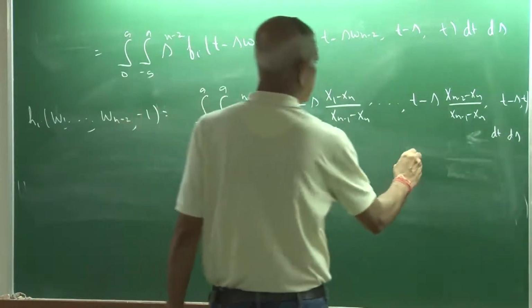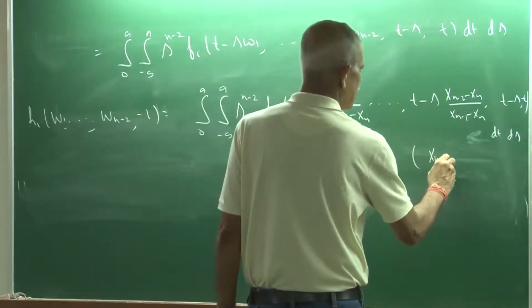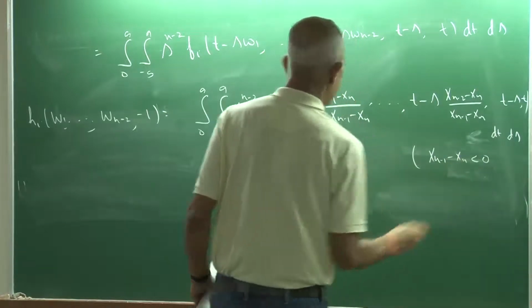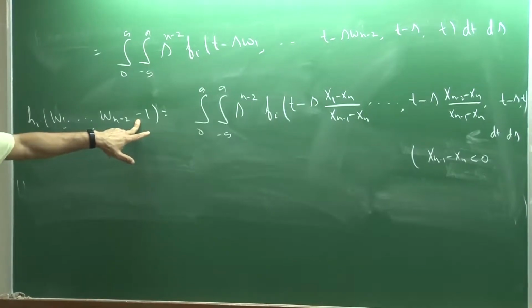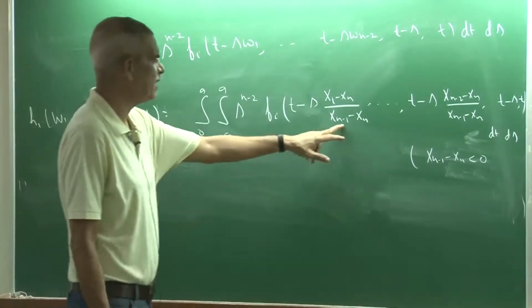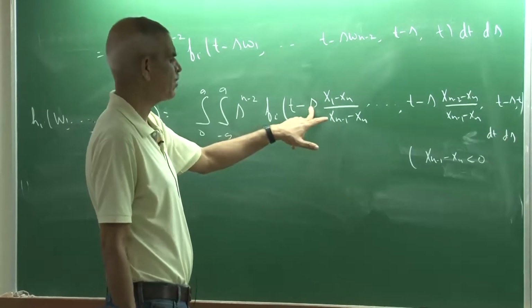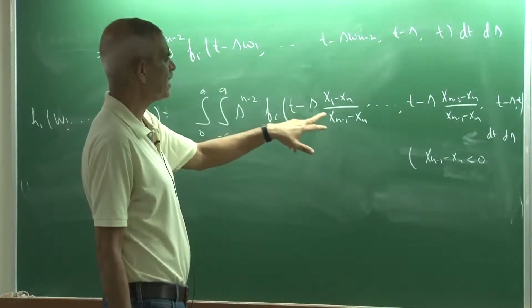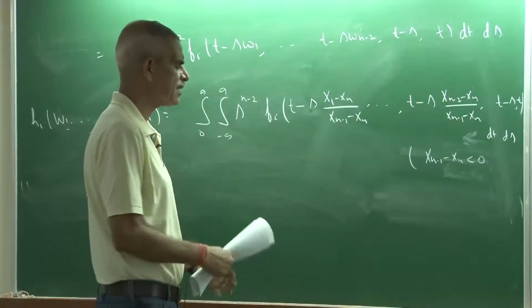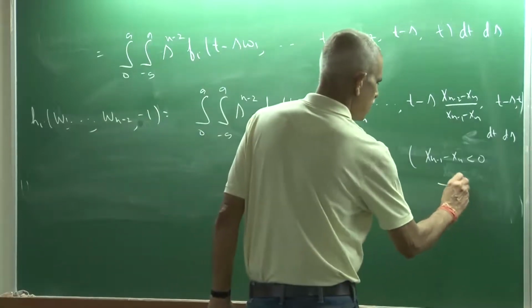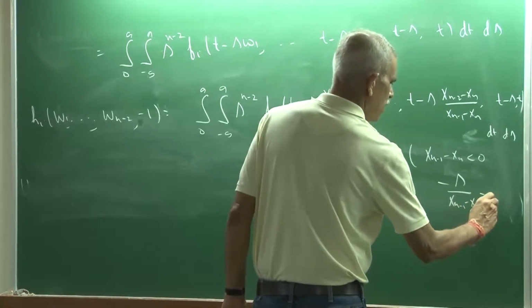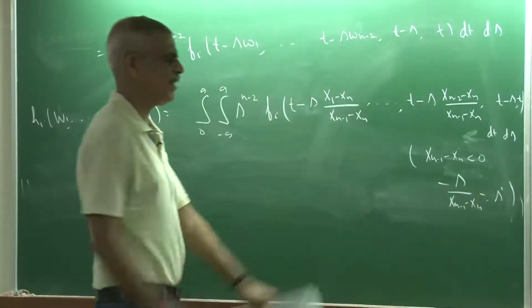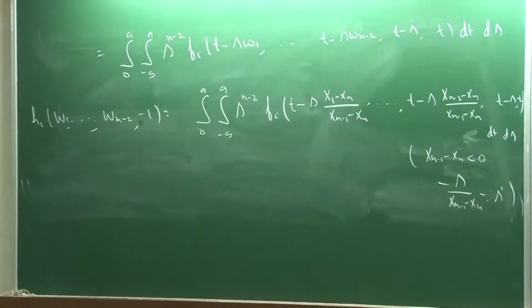Now note that here xn minus 1 minus xn is negative, right? Because you are talking about when Wn minus 1 is minus 1. So xn minus 1 minus xn is negative, s is positive. So I can make the transform minus s upon xn minus 1 minus xn as s prime, and I can again replace s prime by s because that would be the integrating variable.